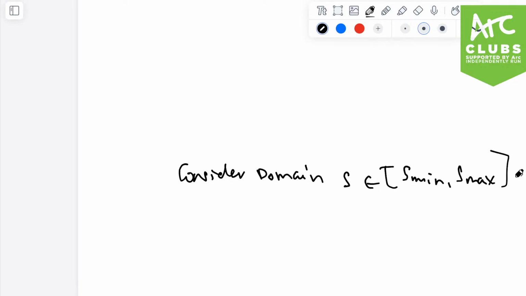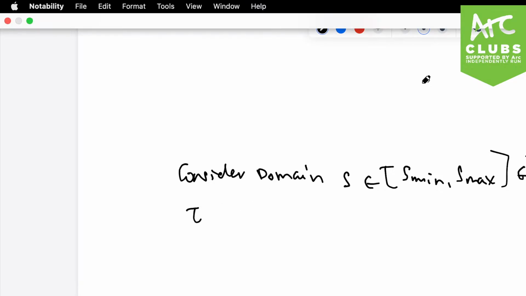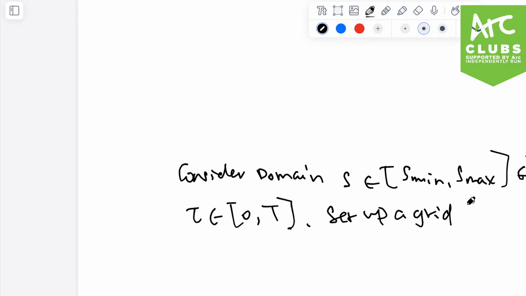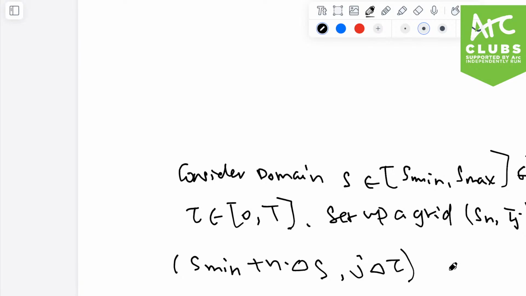We basically just consider a domain that is between 0 and S, and we want to consider tau that is between 0 and T. And we set up a grid, exactly as I set up my grid a bit earlier, of Sn and tau j, which is equal to S minimum plus n times delta S, and j times delta tau, where n is equal to 0 until m plus 1, and j is equal to 0 until k.